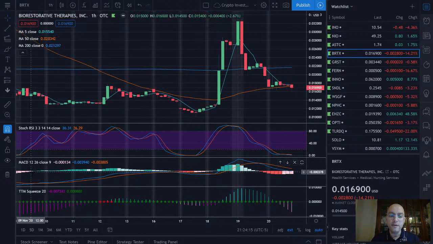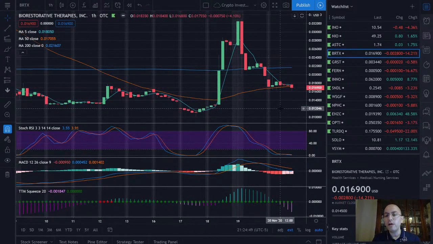Okay, and you might be thinking, why is 12 faster than 26? Because it looks at the last 12 periods. Okay, so for example, we're looking at the past 12 hours on this hourly chart. And so the period is shorter and it moves quicker. And then if we're looking at 26, then we're looking at a 26-hour period, a longer period, and it will take time to move accordingly.